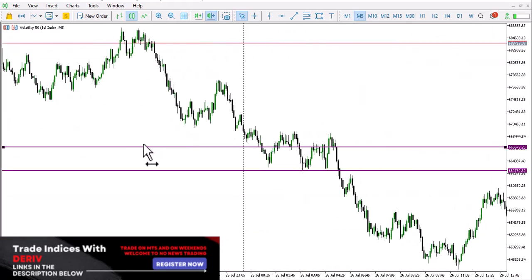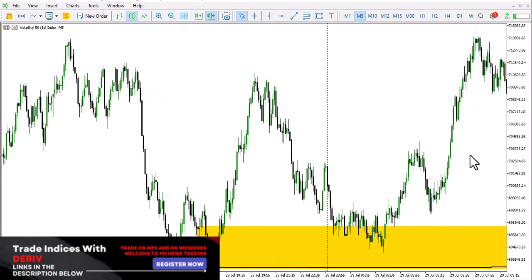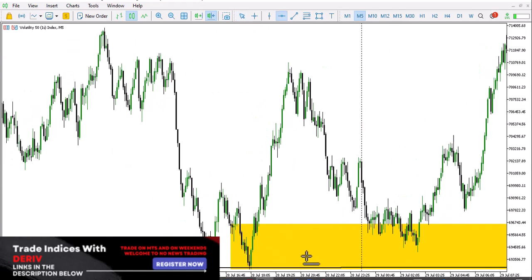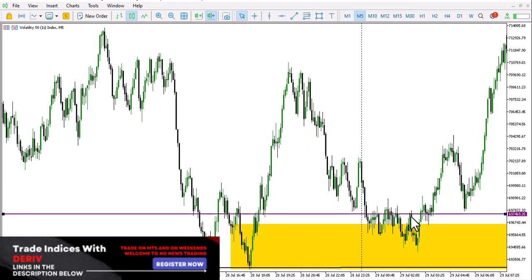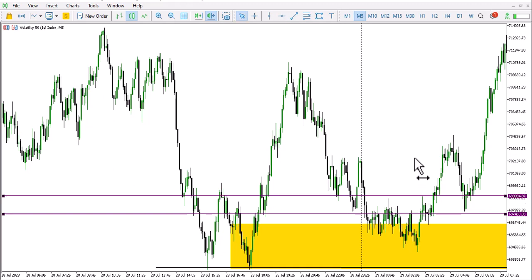So let's look at another example and see how we could have used this same principle on this particular chart. This retested the order block, and what do you see? You see a break of structure at this particular point. A retest of an order block did not come at this particular zone. So wait for another break of structure, and what do you see?